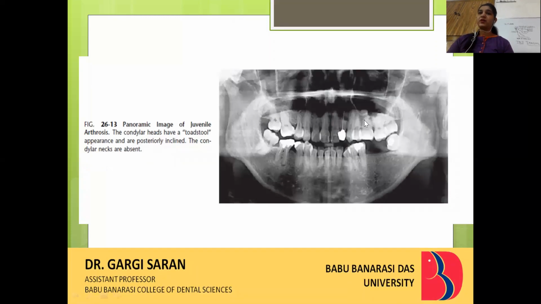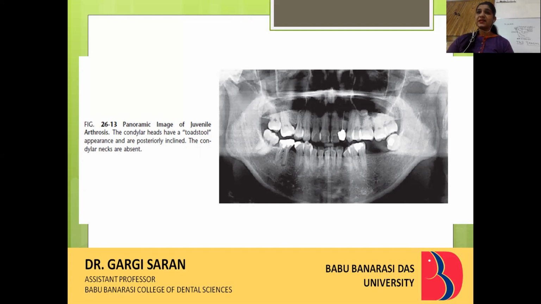This panoramic image shows juvenile arthrosis, which has been taught before also. In this, the condyle especially appears with a toadstool appearance, a posteriorly inclined appearance. Here we can see it as if a frog is sitting on a toadstool. It is a stage where a toad transforms itself into a frog.